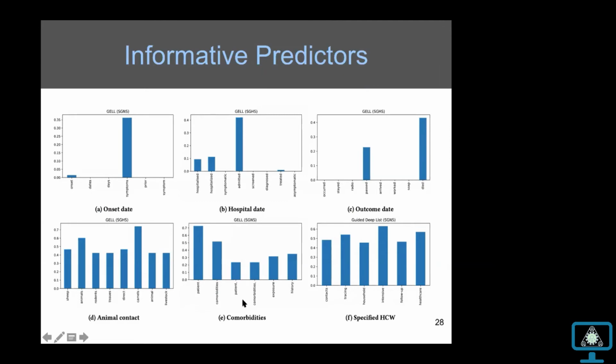So each bar here refers to one particular keyword. So for example, if you look at animal contact, this is looking at sheep, animals, rodents, and so on. And the word direct also appears because a lot of times people talk about the direct contact with animals. So direct turns out to be a very important feature for this. And similarly for hospitalization date and outcome date.